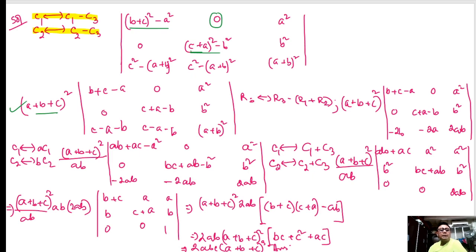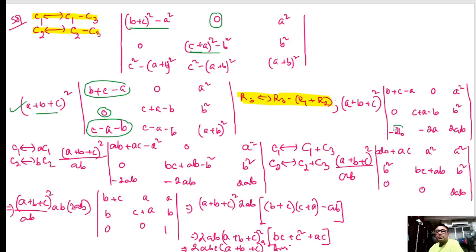Now we are performing the operations. In R3 we are doing R3 minus R1 plus R2. So let's see. R3 minus R1 plus R2, this minus this plus this, and we are putting it in R3.